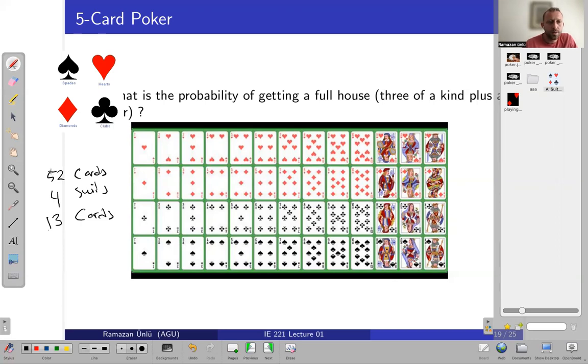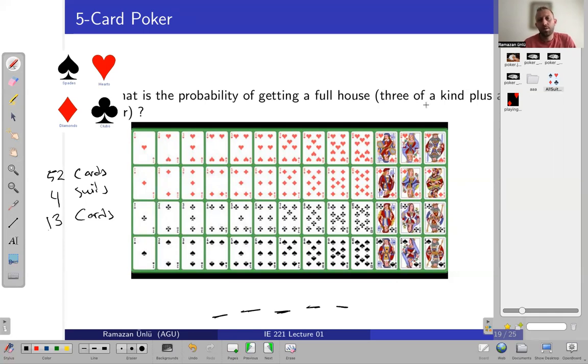So the total is 52 cards, and 13 of them belong to one suit. What is the probability of getting a full house? You will choose 5 cards, with 3 of a kind.